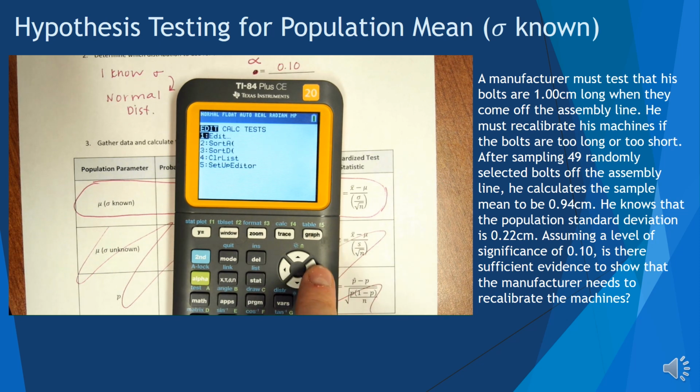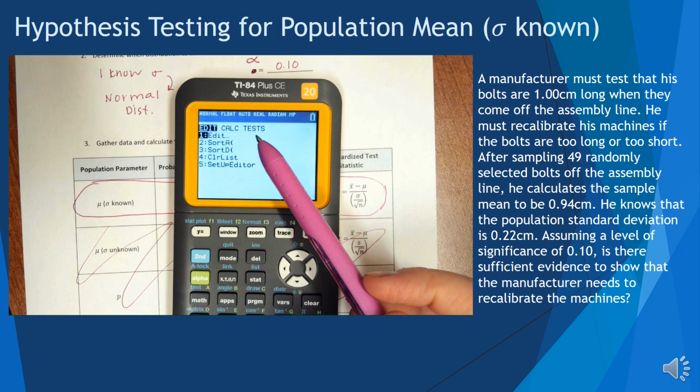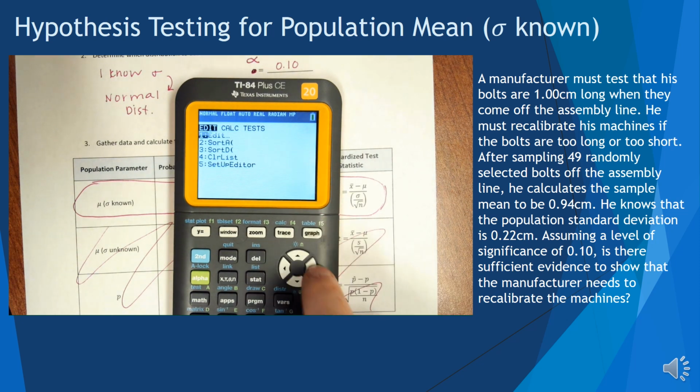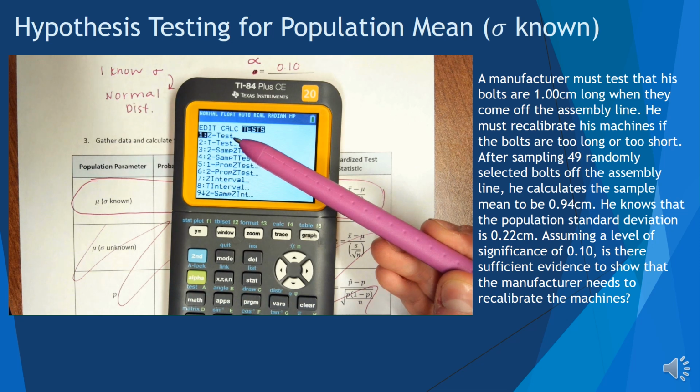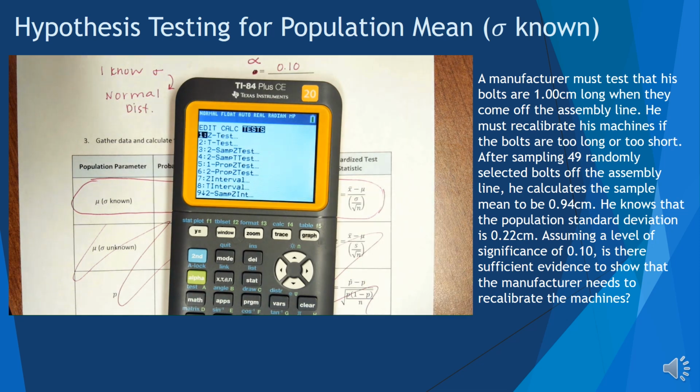Scroll over 1, 2, and then it's the first option there, z-test. So I'm just selecting this first option here, z-test. If we didn't know the population standard deviation, then you would do a t-test. Now it's going to ask you for some information.